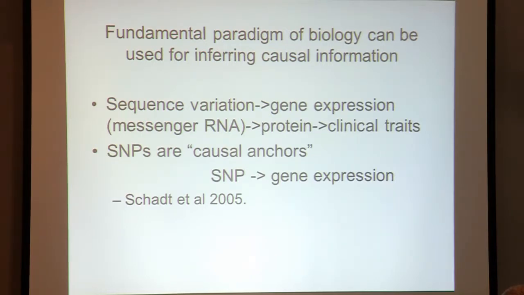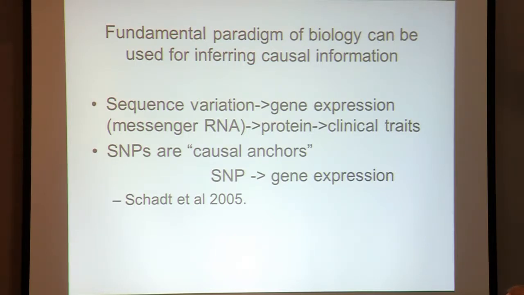Just to remind you, there's this fundamental paradigm of biology that says sequence variation precedes changes in gene expression, which then may affect protein changes and may ultimately give rise to clinical traits and diseases.